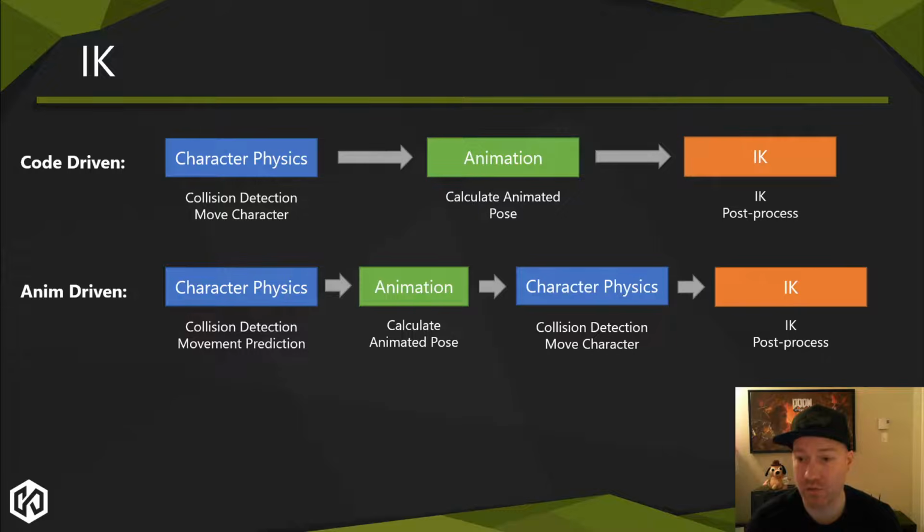So you have to remember that you have to run IK after you've moved the character. Otherwise, whatever points that you specified in the world may not be accurate, especially for something like footsteps. Well, you thought the character was in one position, you calculated your targets, and now the character ended up in a completely different place, and now your target calculations are wrong. So you have to be very careful about when you do your IK.